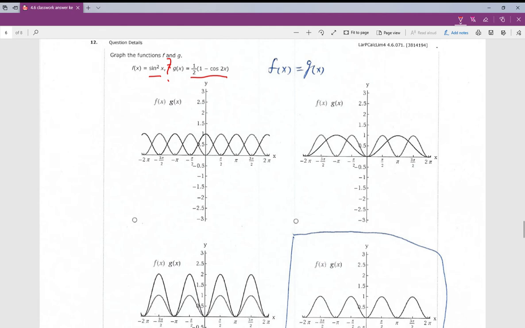But you need to distribute the 1/2, take a 1/2 cosine 2x. So this is g of x. Okay. So this will be d, and then this will be a. This will be b. And the plus 0, this is c. So you are able to graph by hand.